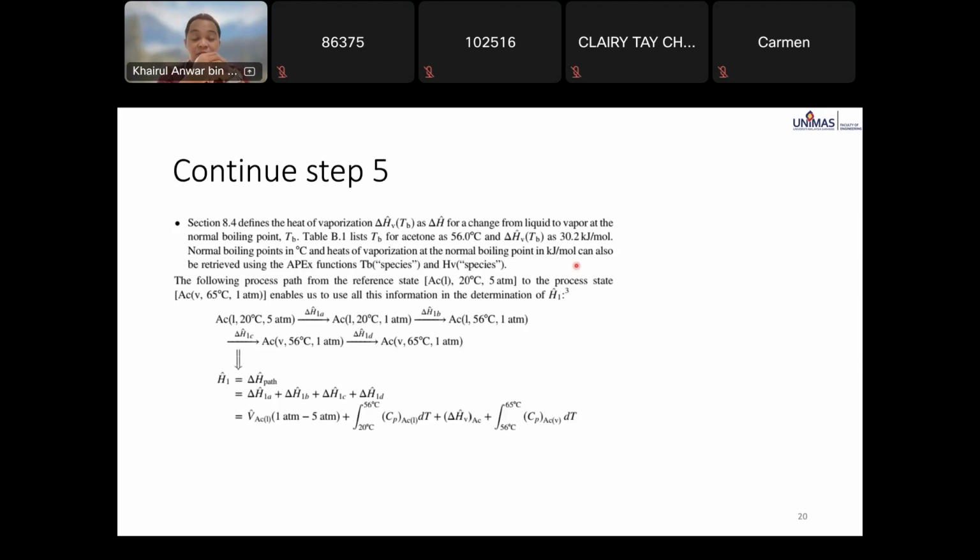TB refers to boiling point. For acetone it is 56. Delta H B, heat of vaporization, is 30.2 kilojoule per mole. So all of the data is available in table B1.